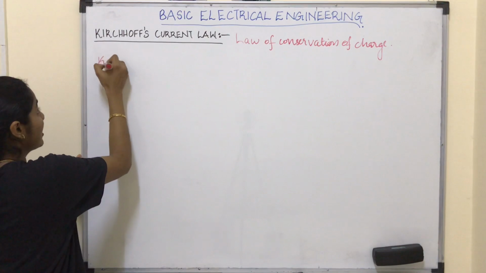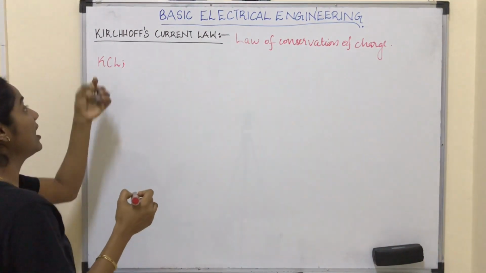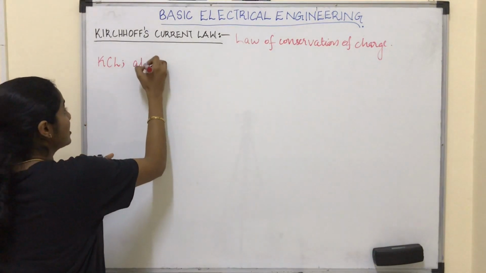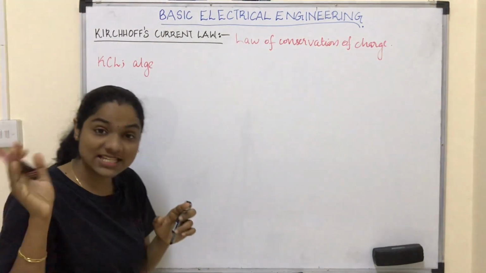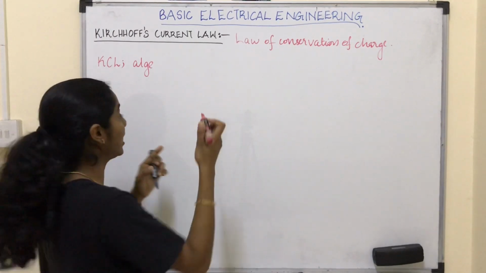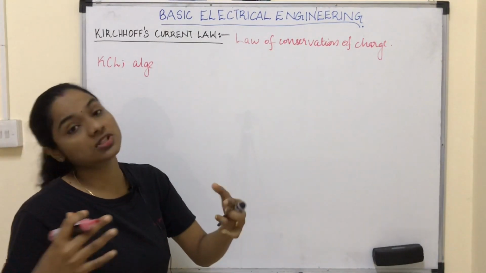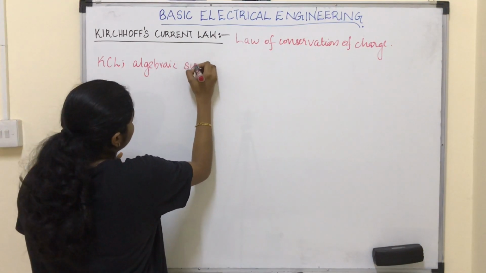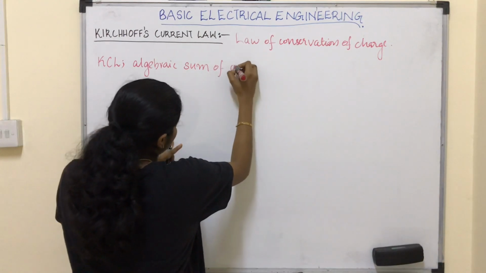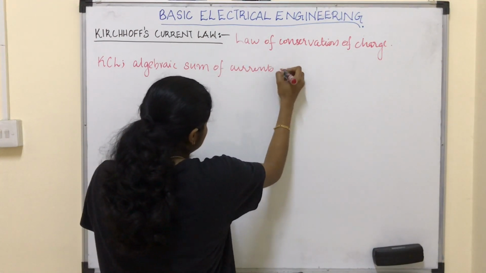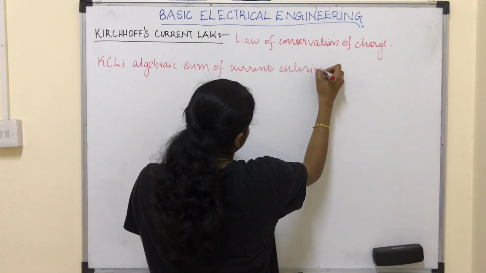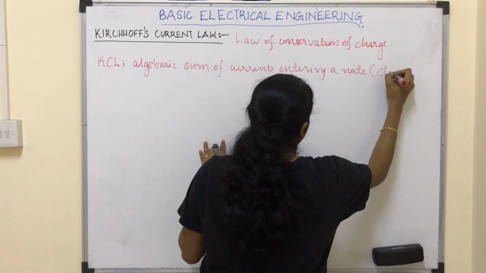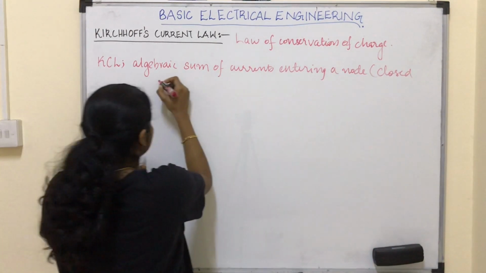How we can state Kirchhoff's current law: it can be stated as the algebraic sum of currents entering a node, or a closed boundary, is 0.